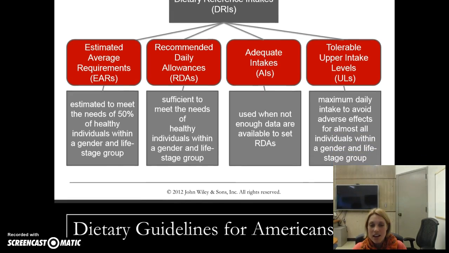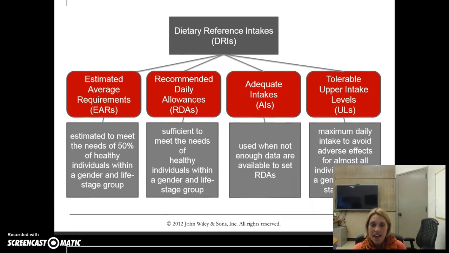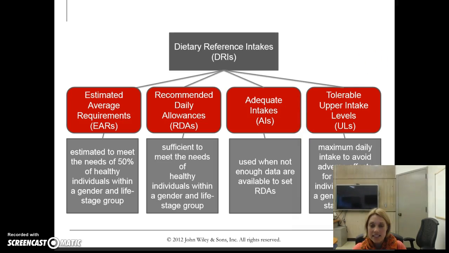We also have another value called the AI. The AI is going to be used when there's not enough information to establish an RDA. An example would be vitamin D. You can make your own vitamin D if you have a good amount of sun exposure.